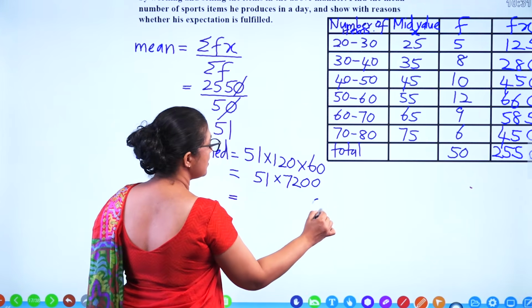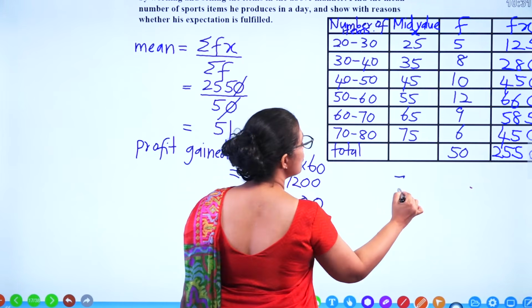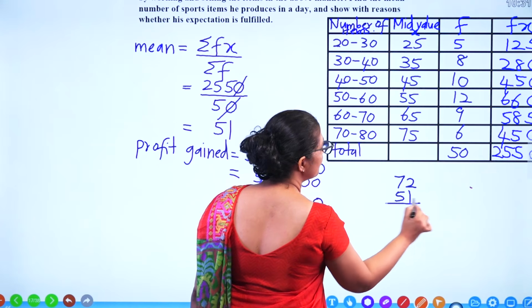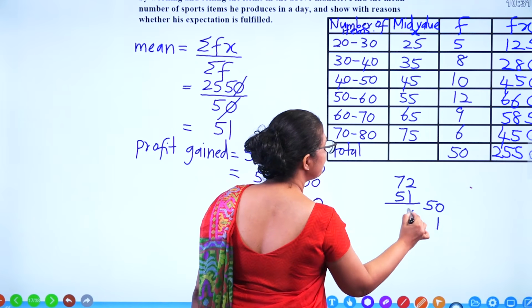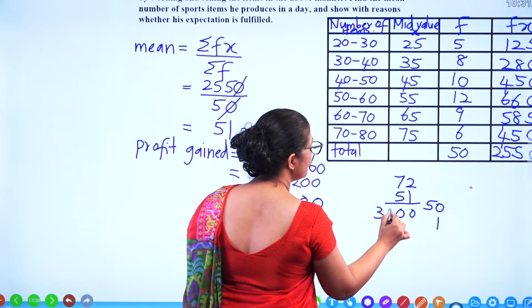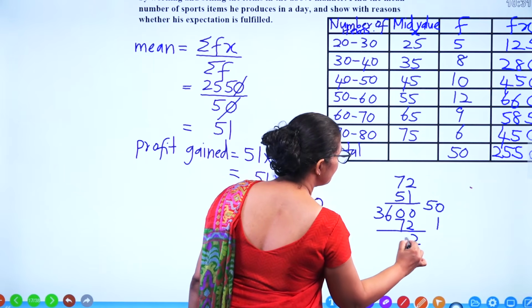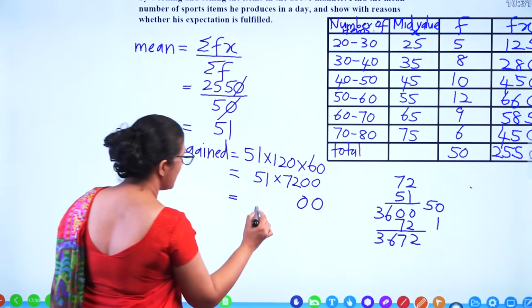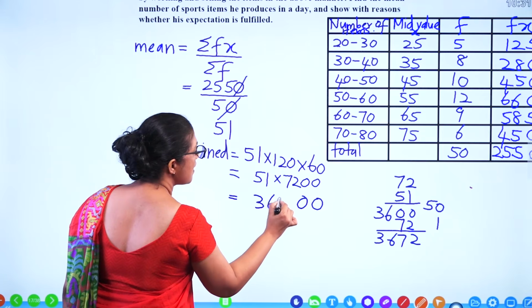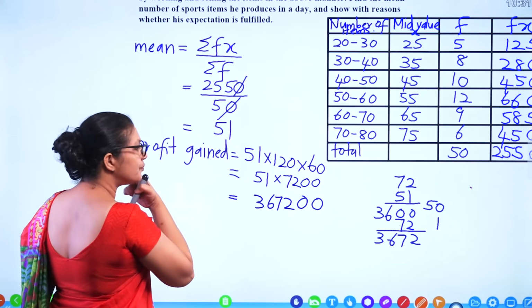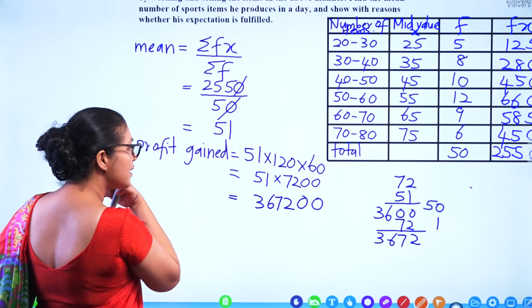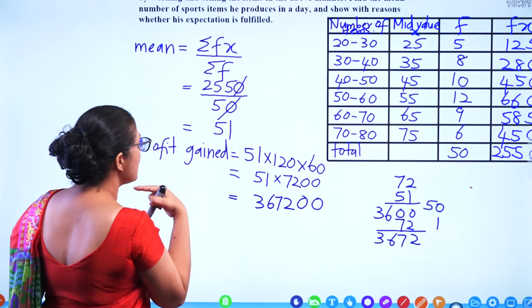We can multiply 72 with 51, 50 and 1. Get 36 and 72: 3, 6, 7, 2 and then 2 zeros.